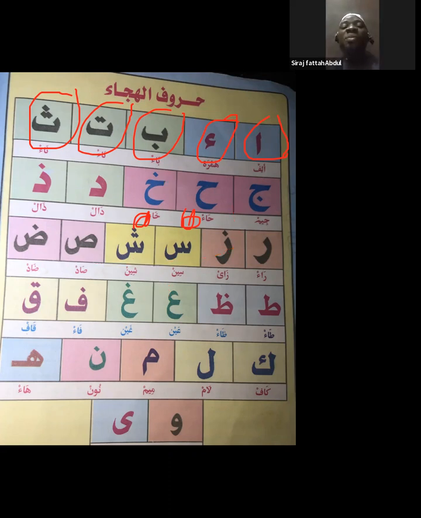Then this is another family, these three letters. This first one is called Jim, Jim, Jim. Then the second one is called Ha. Why this third one is called Kha. Jim, Ha, Kha.